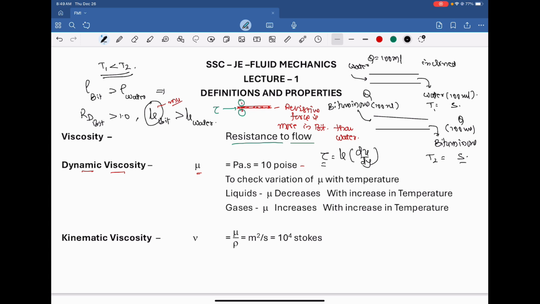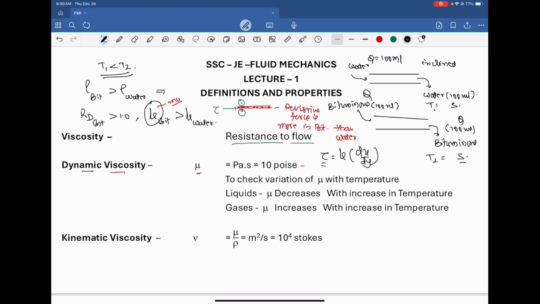Shear stress. If viscosity is more, tau is more for the same du by dy. For the same velocity gradient, tau will be more when viscosity is more. Tau is nothing but shear stress, that is nothing but resistance to flow.